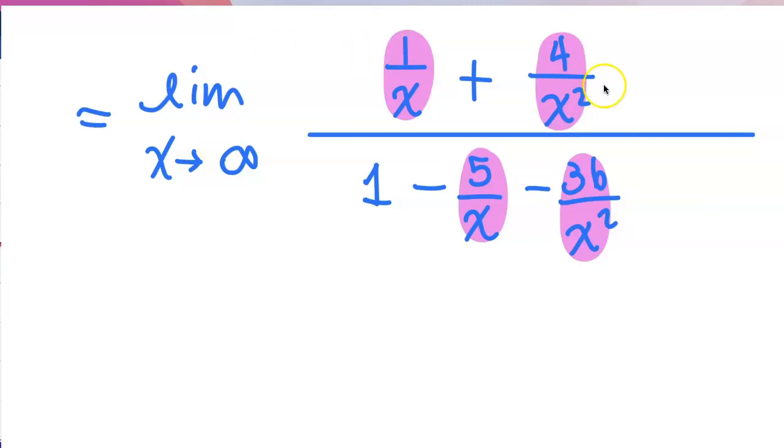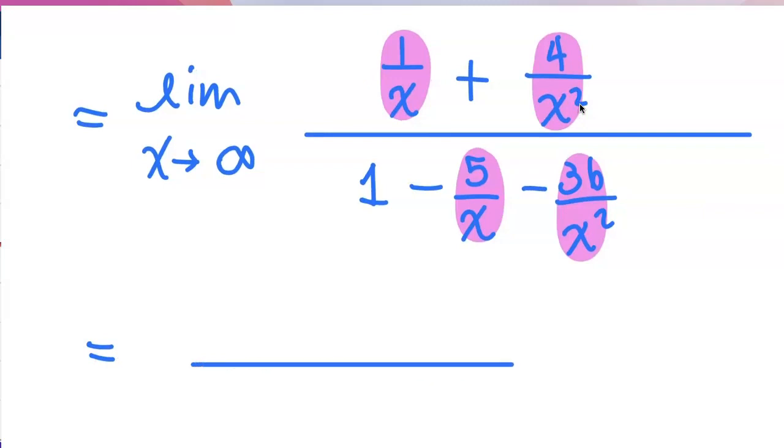Anytime you have a number on top, dividing by x or x raised to a certain power, think about it: as x gets infinitely big, we're dividing 1 by an infinitely big number. We're dividing 4 by an infinitely big number squared. So when you divide a number by a very big number, that turns into 0.